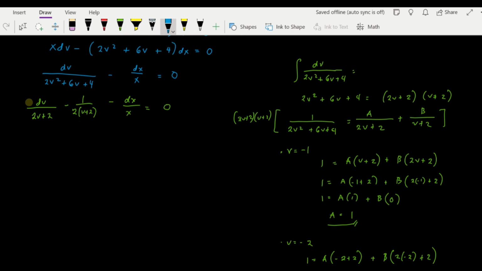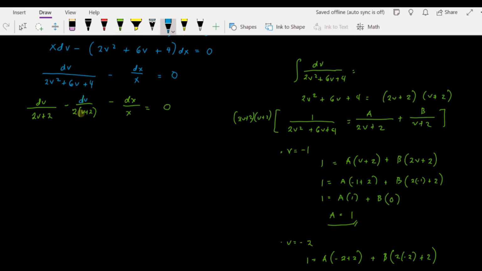Makikita ninyo to, pag in-integrate natin itong dv over 2v plus 2, and rather this is 1, diba? So 1 dv. That is dv. Okay. Pag in-integrate natin yan, lahat yan is ln. Okay? Kasi kung magle-let u tayo, let u equals 2v plus 2. So, mangyayari dyan is 1 half ln 2v plus 2.